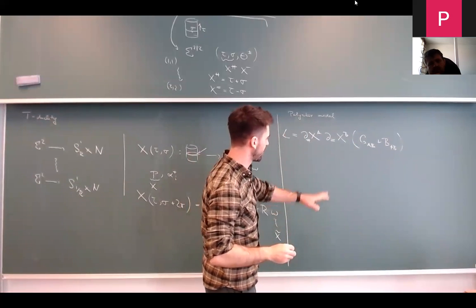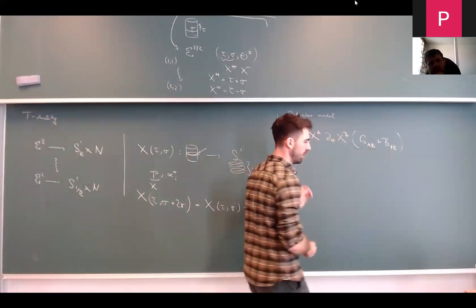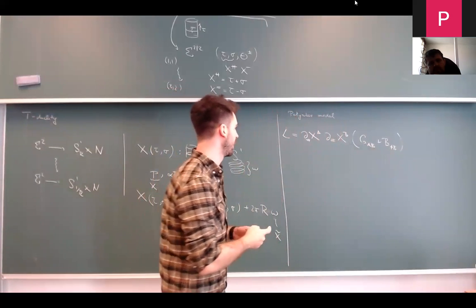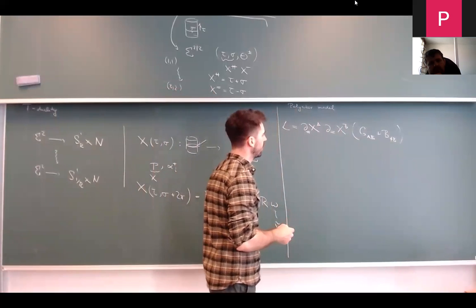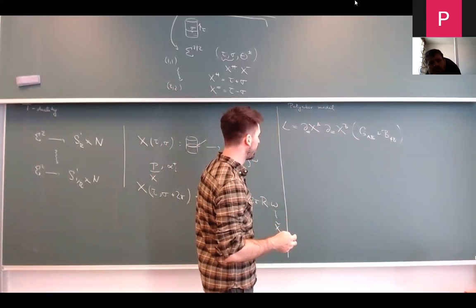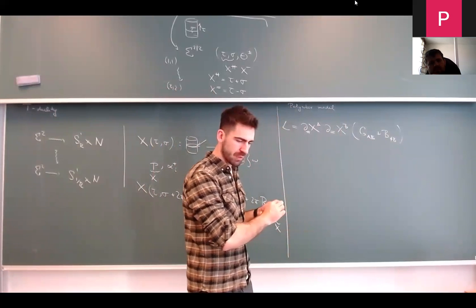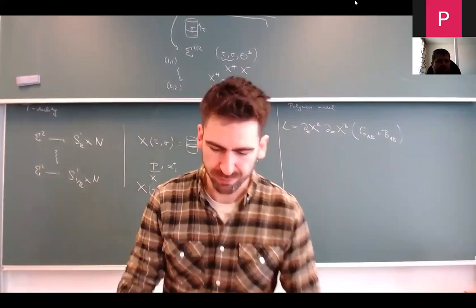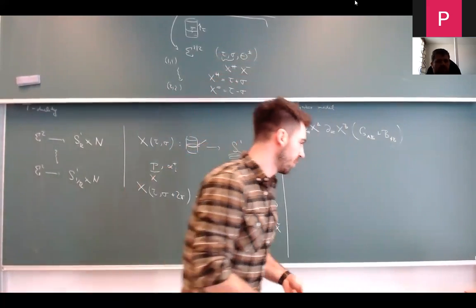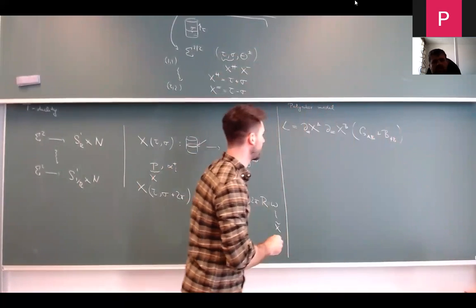For some target space manifold with metric G and B field B. There are other less restrictive situations, but the simplest setup I can have here is T-duality.